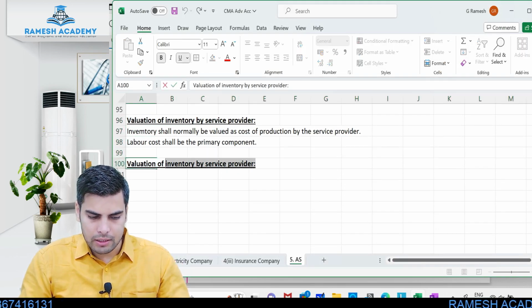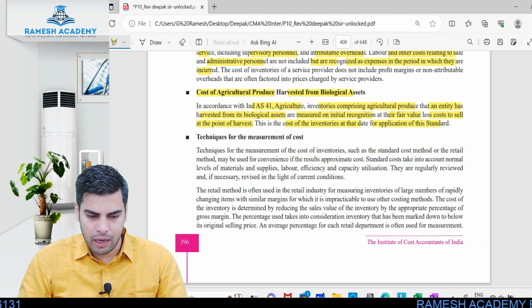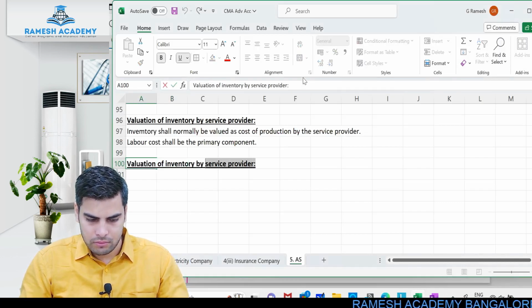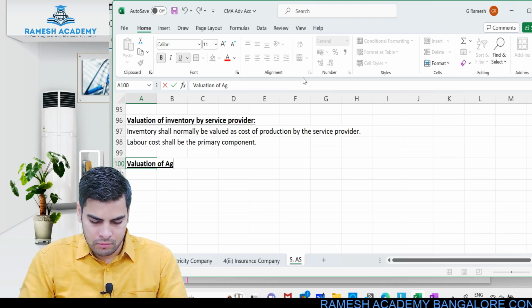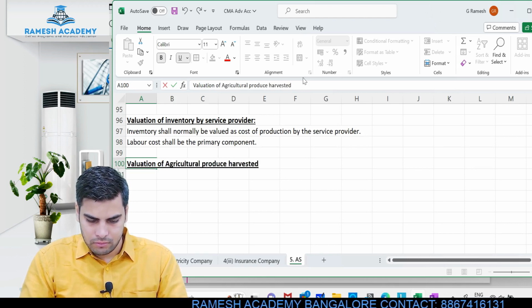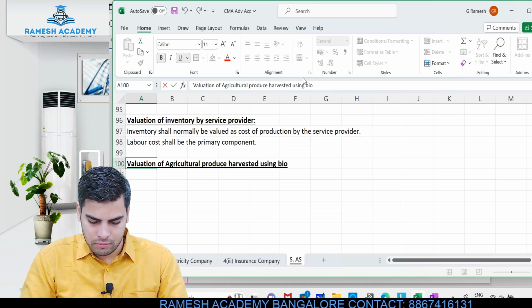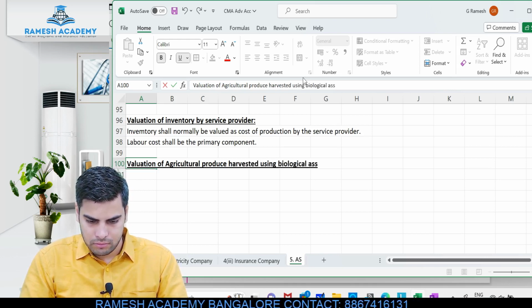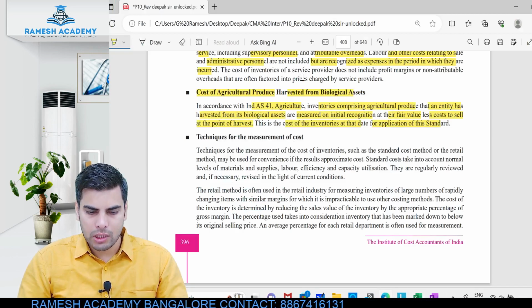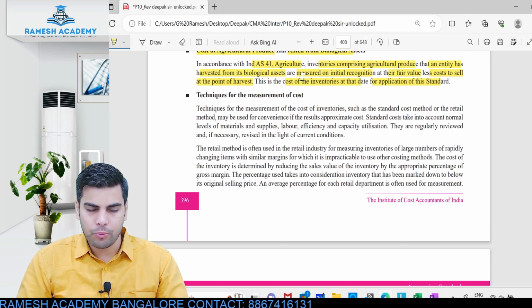Okay, so when it comes to valuation of agricultural produce after harvest, these agricultural produce which are harvested using the biological assets, how are we supposed to value them?